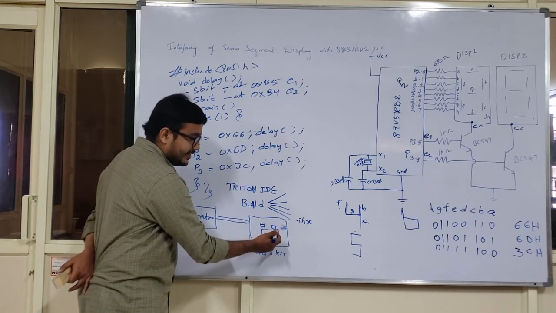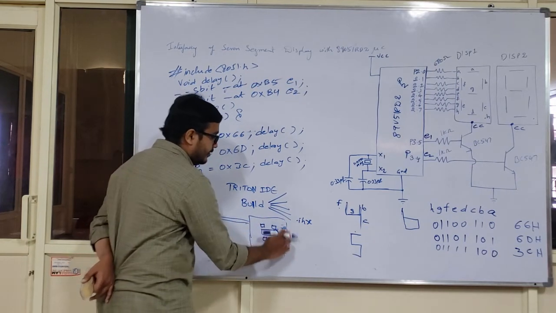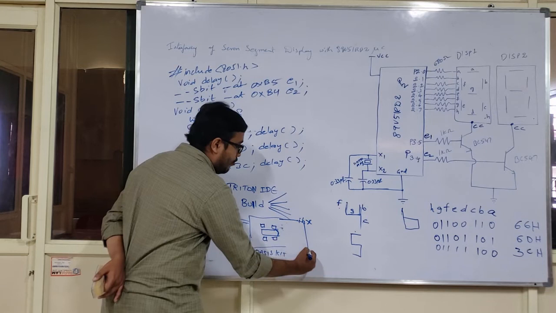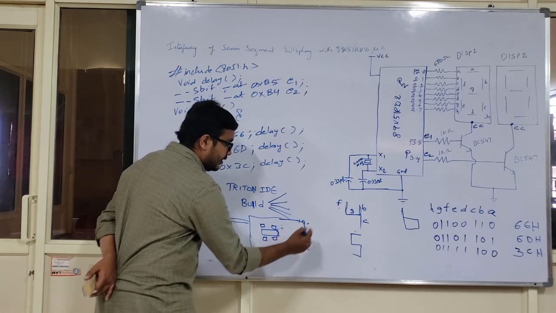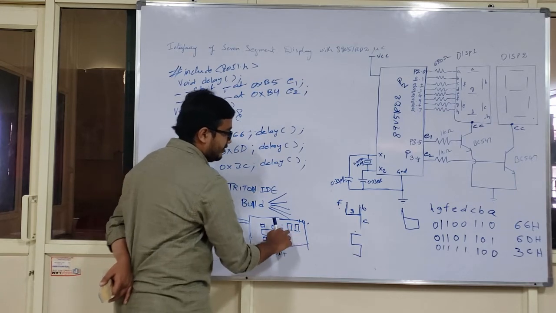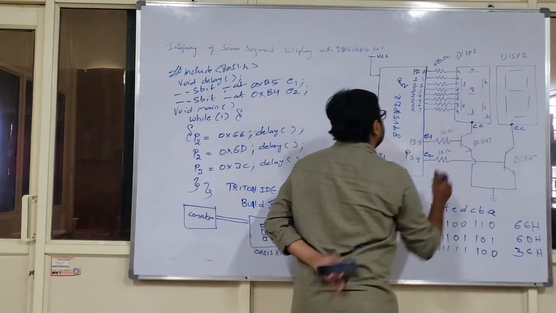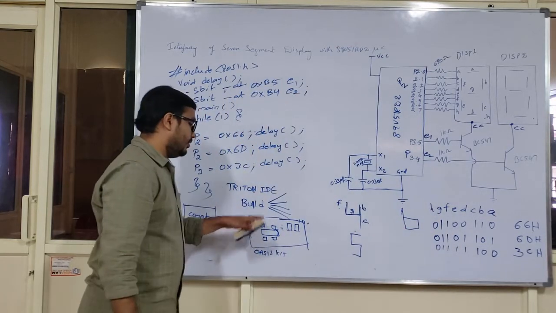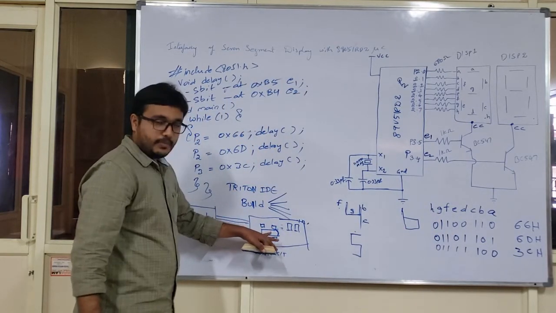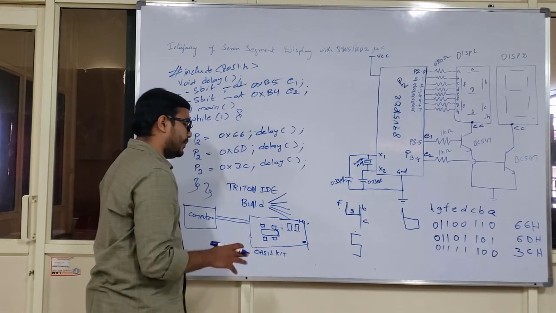At this time it is acting as an input port, and inside my Oasis kit I have the 7 segment displays like this. These are my 7 segment displays, 7 segment display 1 and 7 segment display 2 in this manner. Now after you program your microcontroller, whenever you press the reset button, what happens?